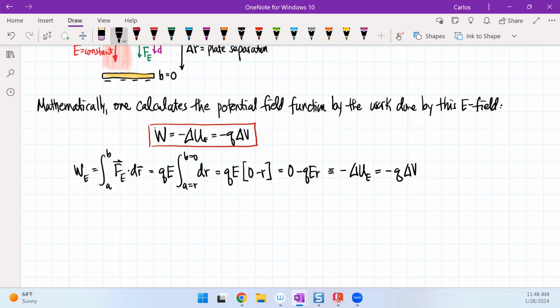So if I choose the ground to be B equal to 0, then that tells me that the potential at B is 0.